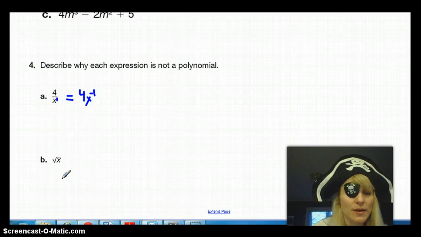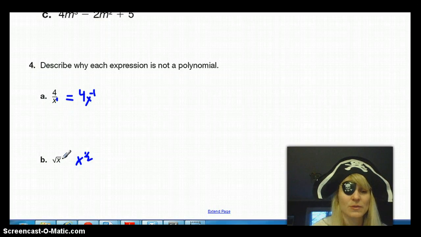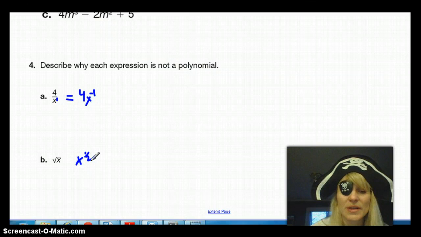And then back with our square root days, we learned that the square root is something to the one-half power. So we could change this to x to a half. That's equivalent to the square root of x. And again, that's what we did with radical signs. And so again, this gives you an exponent that's not an integer. It has to be a whole number, and a half is part of a number. So that would make this not a polynomial as well.